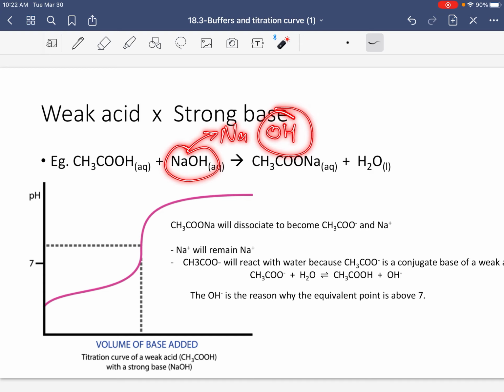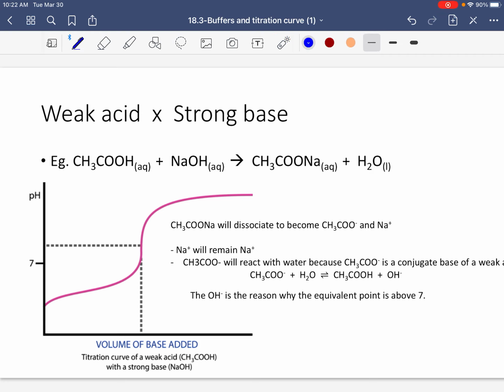This will say to this guy, hey, give me more H, give me more H, give me more H. Remember, in Le Chatelier's principle, this guy dissociates. However, you're not going to get full dissociation.